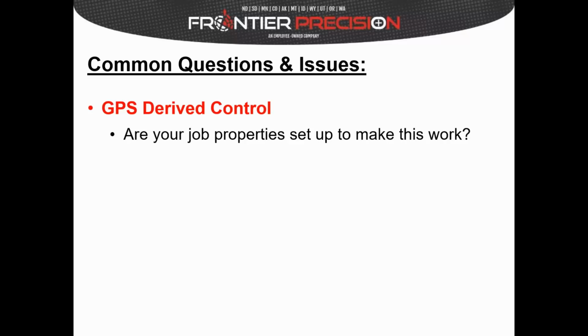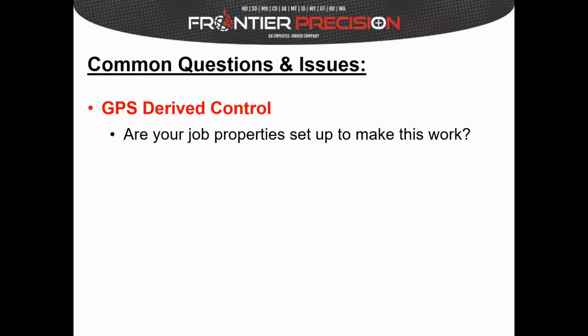Another pretty interesting topic, we can really go out into the weeds on some of this stuff, but we'll just touch on some of it briefly, is issues regarding accuracy in terms of using GPS drive control. We see a lot of struggles with this. There are a lot of things at play when using GPS drive control.